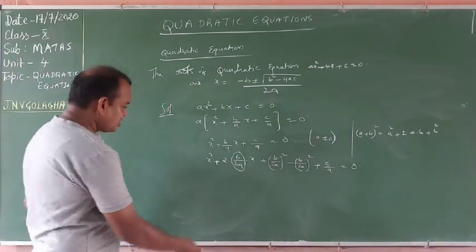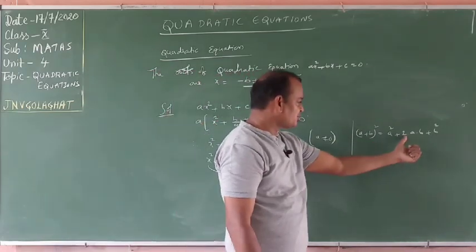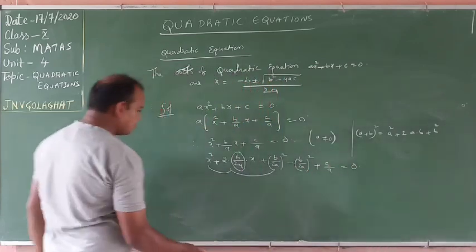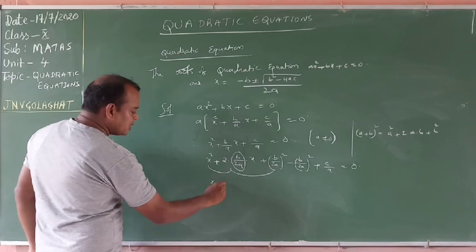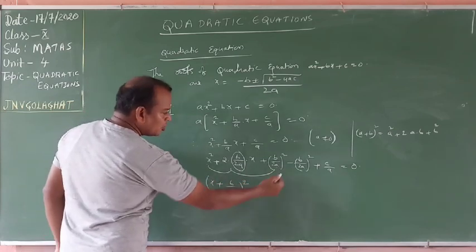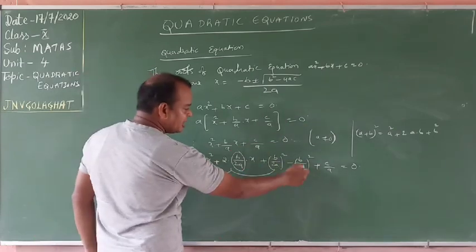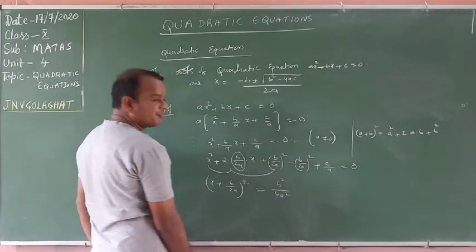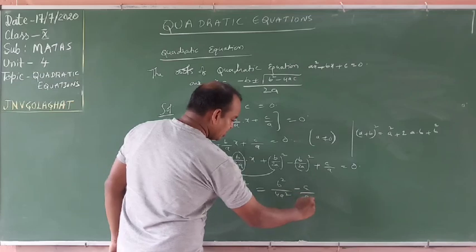Now what happened to the first three terms? By applying the formula a square plus 2ab plus b square is equal to a plus b whole square, the a value is x and the b value is b by 2a. So x plus b by 2a whole square. Now the minus value goes to that side: b by 2a whole square means b square by 4a square, and plus c by a goes that side as minus c by a.